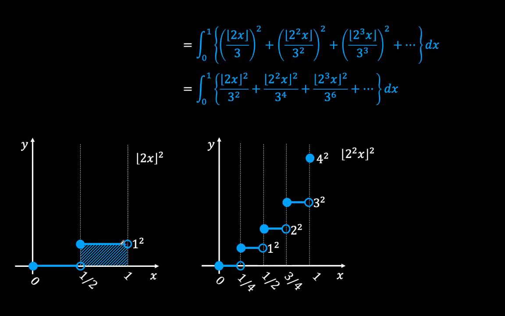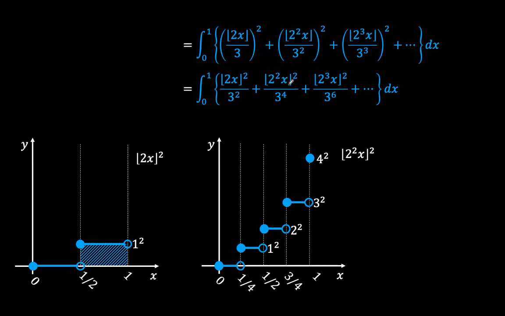So from half to 1 will be the area of the rectangle. The width will be half and the height would be 1 squared. And if we consider the entire fraction, it will be 1 squared over 3 squared times a half.